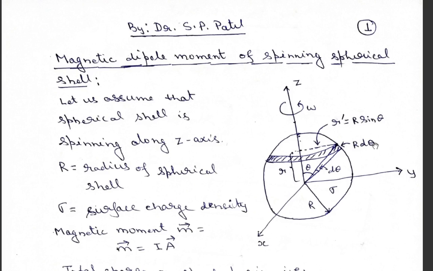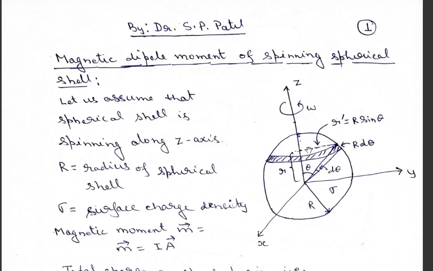thickness. Okay, and this will be the center of the circular ring, and this is the center of a spherical shell. So let us assume that this distance from the center of the circular ring to the center of the spherical shell is r vector, and this distance, from the center of the circular ring to the circumference of the ring, is r prime vector. So we can find, because this is capital R, this distance is capital R and this is theta, so we can determine the value of r vector and we can determine the value of r prime.